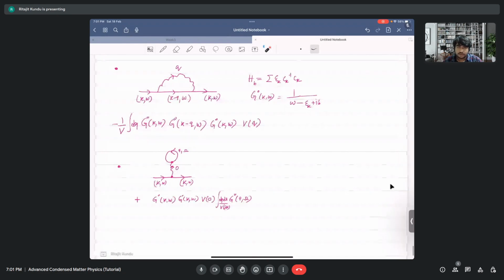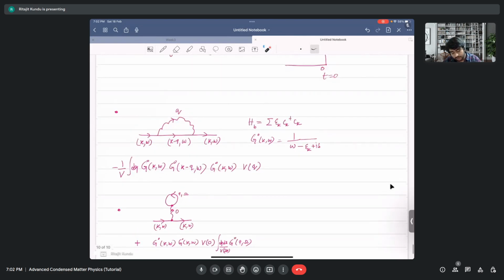In the above term, energy is also deducted, right? Omega minus some omega dash or something. Yeah, you are right, it should be omega minus omega, but as I said the bare Coulomb interaction doesn't depend on frequency. What depends on frequency is the screened Coulomb interaction, which is not here.